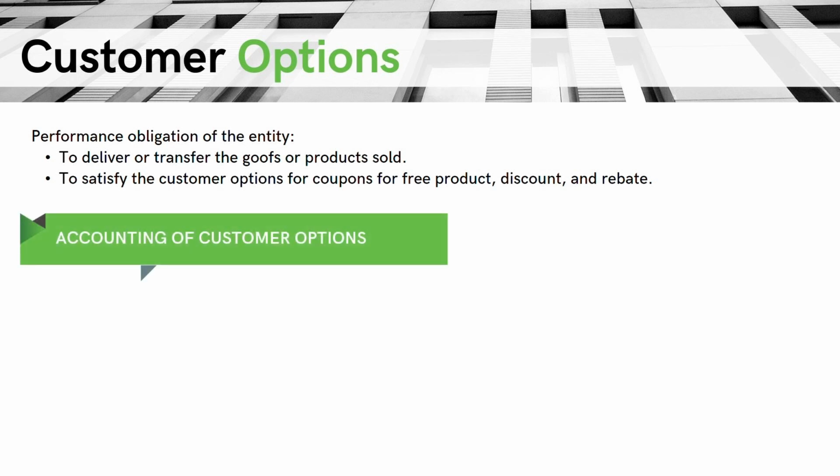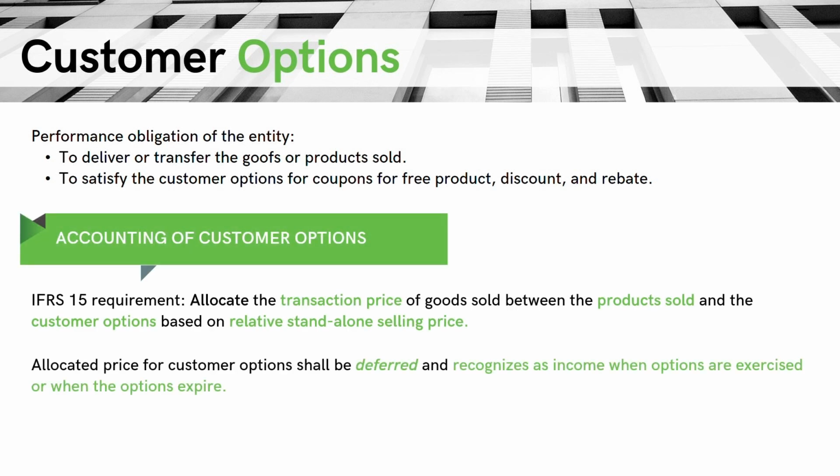In IFRS 15, the requirement is to allocate the transaction price of the goods sold between the product sold and then the customer option. So, basically, imo siya itunga. Ang transaction price, amoy na siya ang selling price nimo sa pagbaligya sa goods.